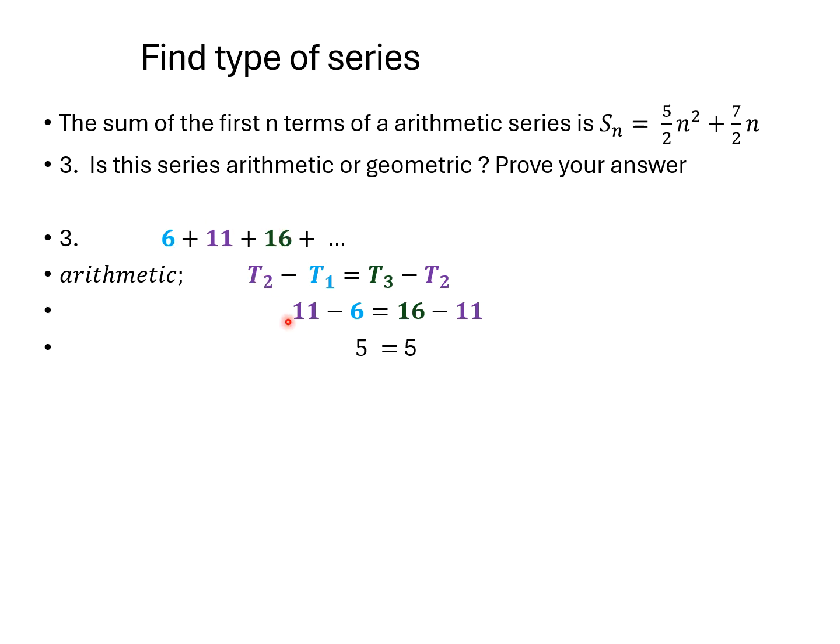So 11 minus 6 must equal 16 minus 11. So that gives me 5 equals 5. Therefore, because I have a common difference that is the same, this is referred to as an arithmetic sequence. Next problem.